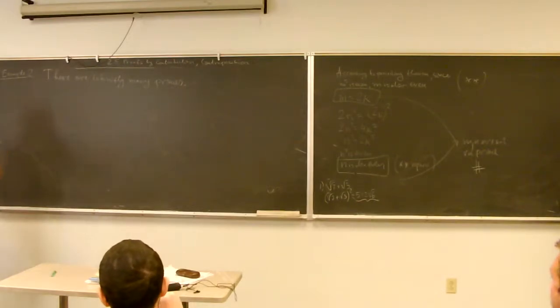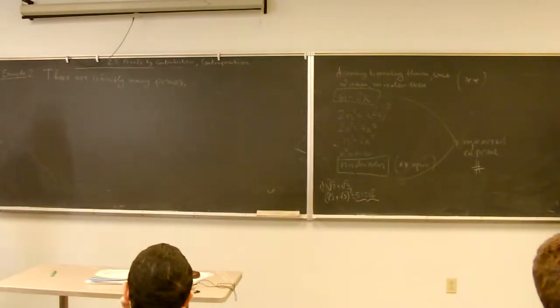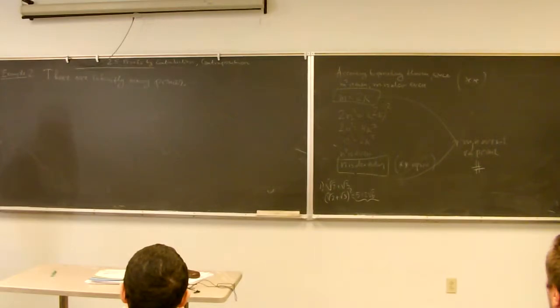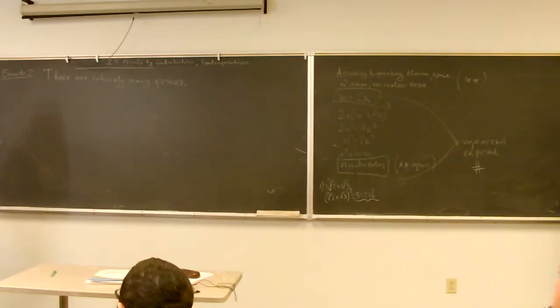Yes? Would using something like a series and showing that it diverges be an option? Series, that would be like a limit or something. Yeah, taking the limit of a series and showing that it diverges. That would be maybe an argument, if you can find something equivalent.